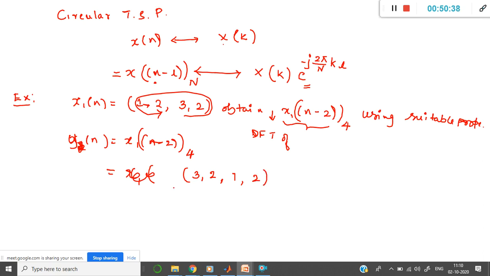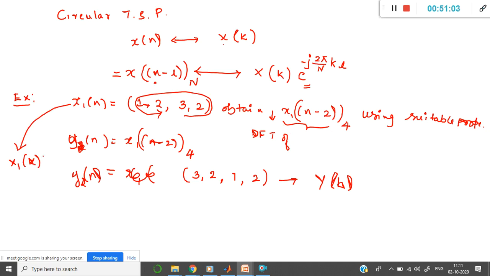So you know that you can easily find the DFT of y of n, right? Y of k can be solved very easily. This DFT you already know how to perform using the matrix method. But what we are asking is to go with a suitable property. What you are supposed to do is take the DFT of this, x1 of k.